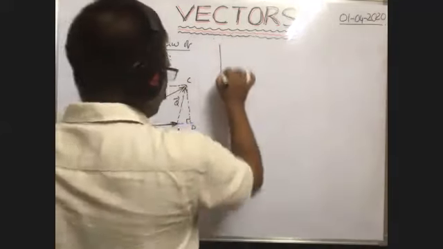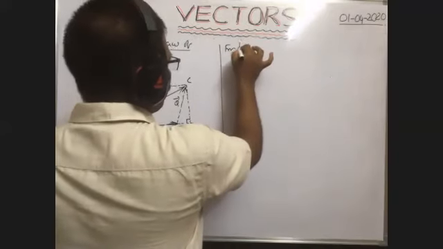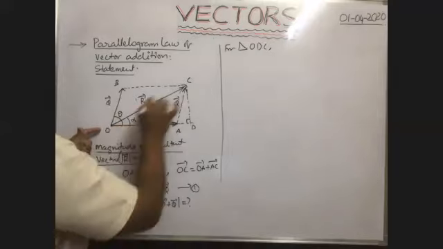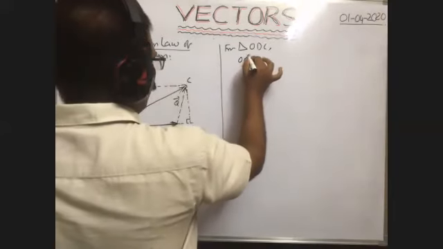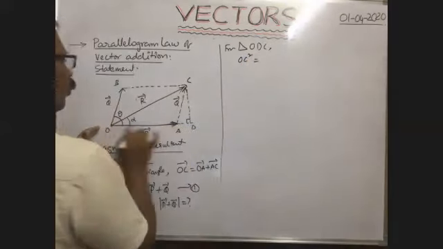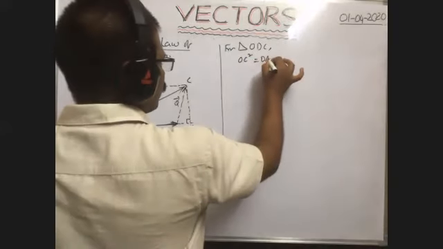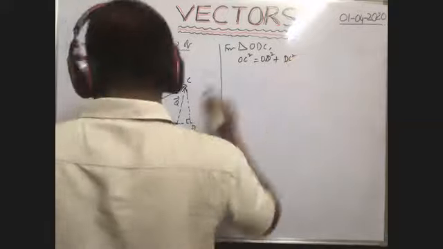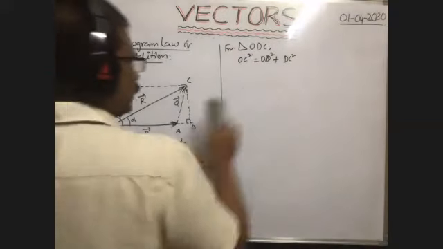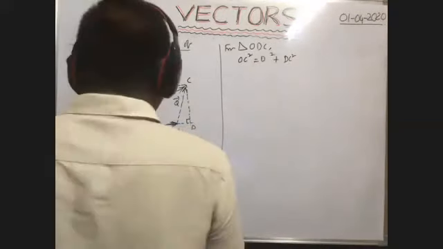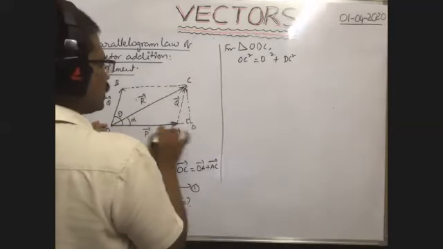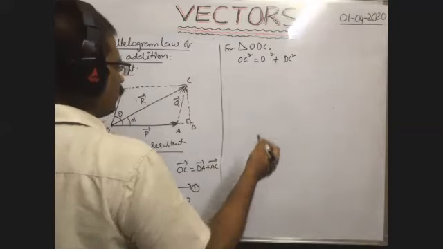So from right angle triangle ODC, OC square is equal to OD square plus DC square. In a right angle triangle, the diagonal square is equal to the sum of the squares of the adjacent sides. That means we applied the Pythagoras principle.